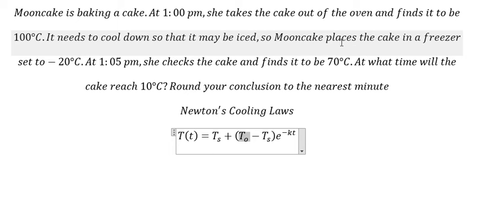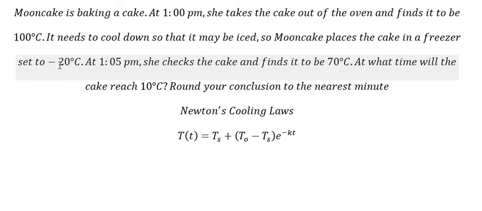So Mooncake places the cake in the freezer set to negative 20 degrees Celsius. At 1:05 p.m., she checks the cake and finds it to be 70 degrees Celsius. So in this situation, negative 20 degrees Celsius is Th. This is the temperature of the surface.